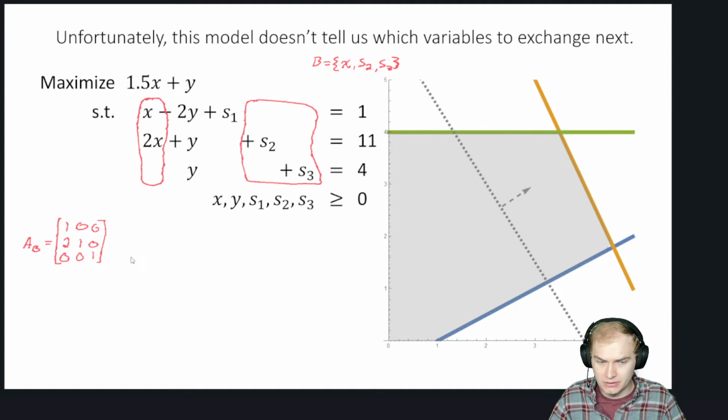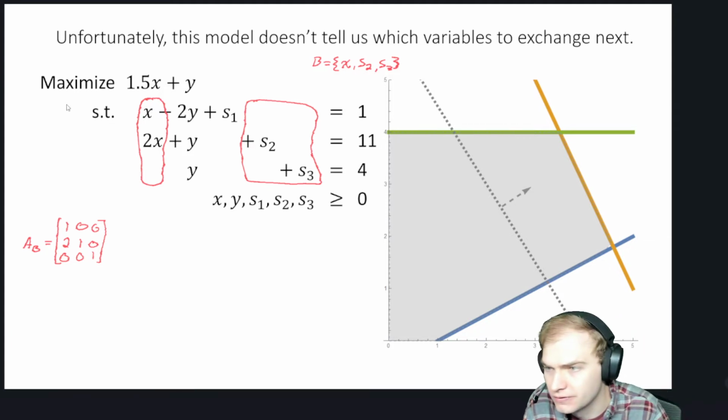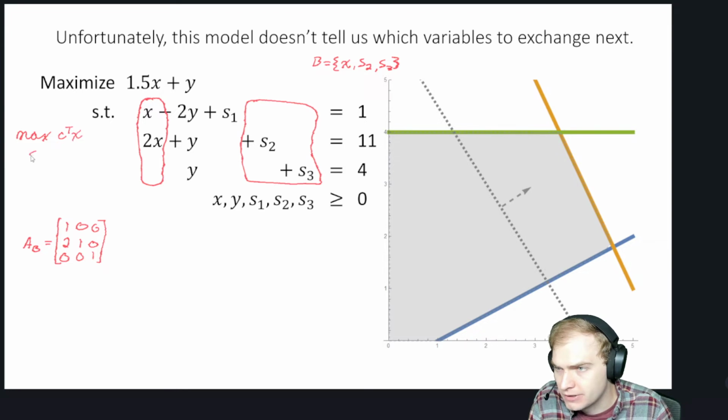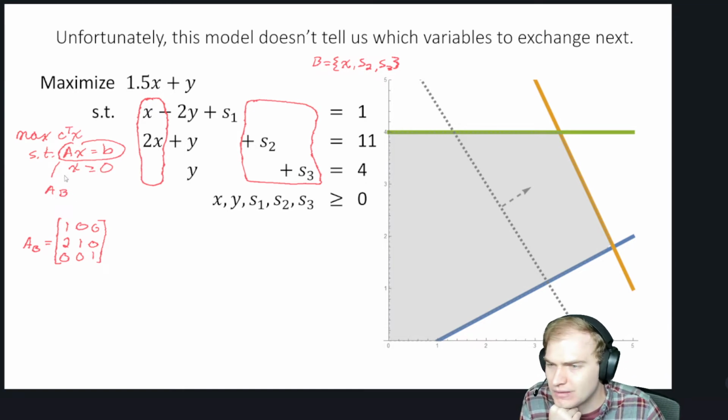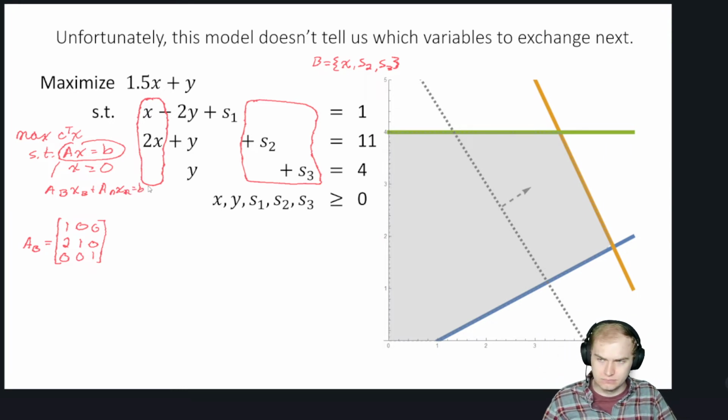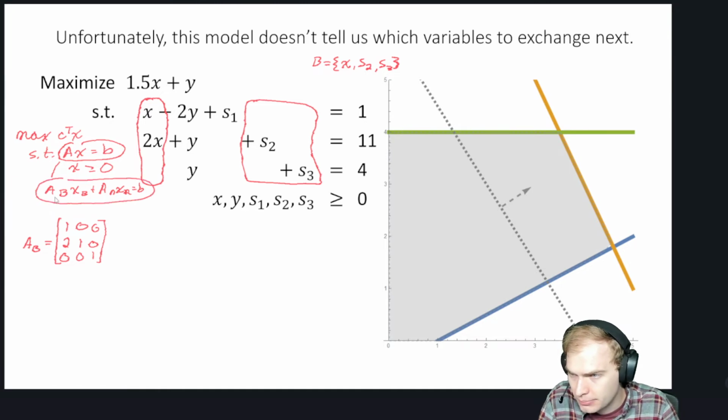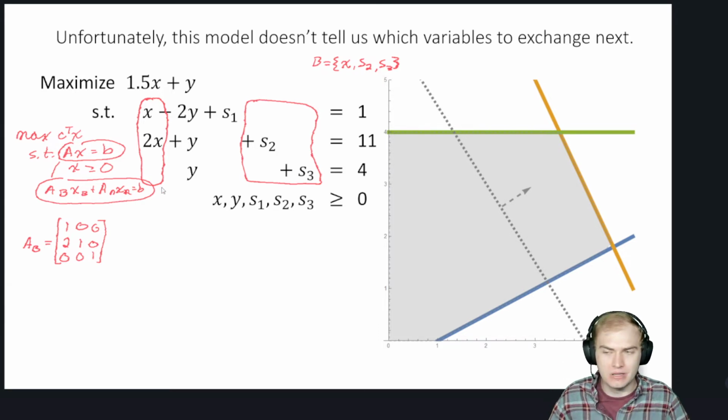If you remember from our basic solution discussions, and from other things, we can express this whole thing in matrix notation, and we can expand that constraint into this, which is our basic variables plus our non-basic variables equals b.